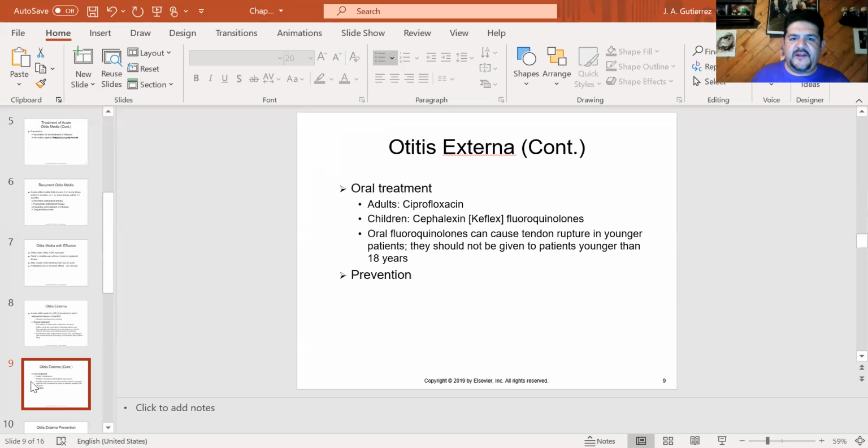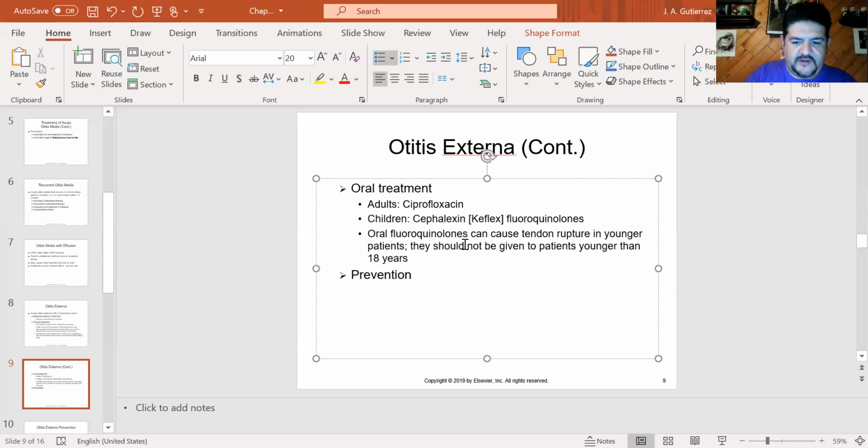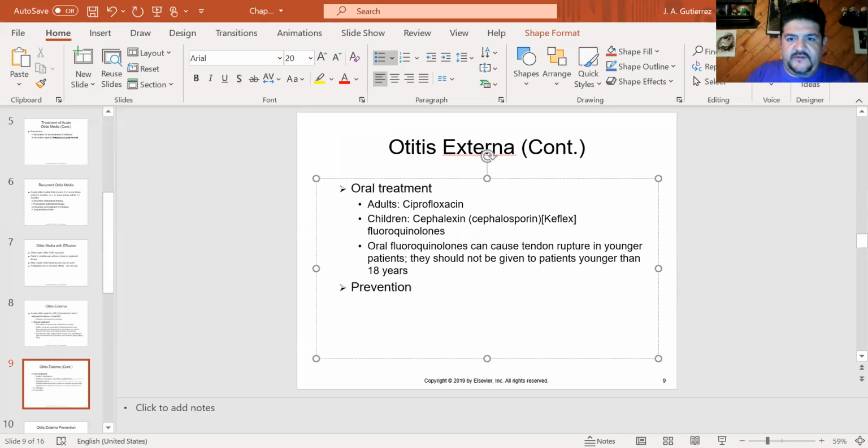Regarding antibiotics, in the adult, ciprofloxacin is the most common one used, and in children it is cephalexin. Cephalexin is a cephalosporin, so I'll put it right here. The way you can identify a cephalosporin is that all of them start with ceph.